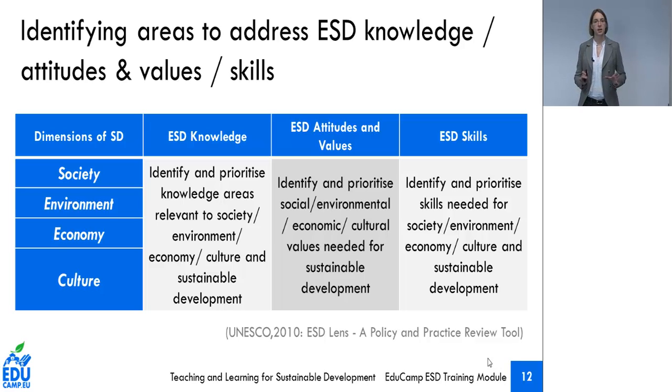So it's just a structure you could use to structure sustainability dimensions in your school, and what knowledge, what values, what skills would be important when you like to address sustainability in your school or organization or wherever.